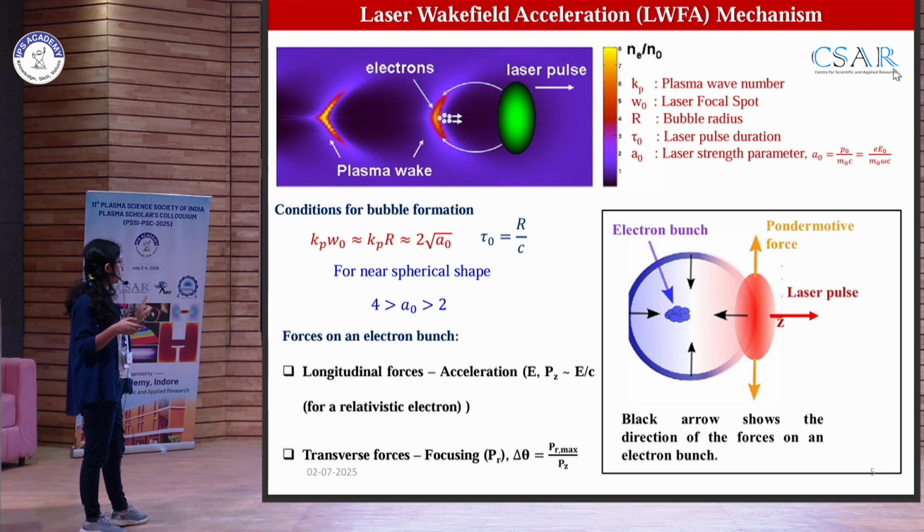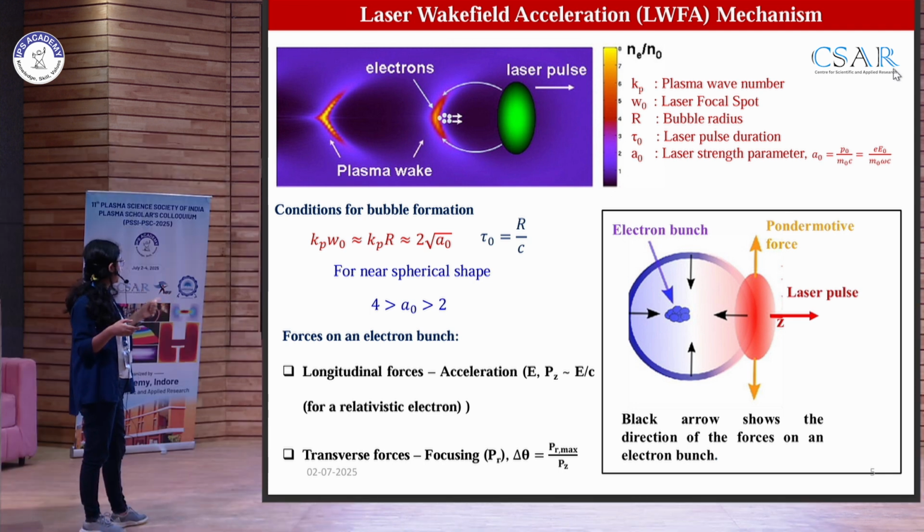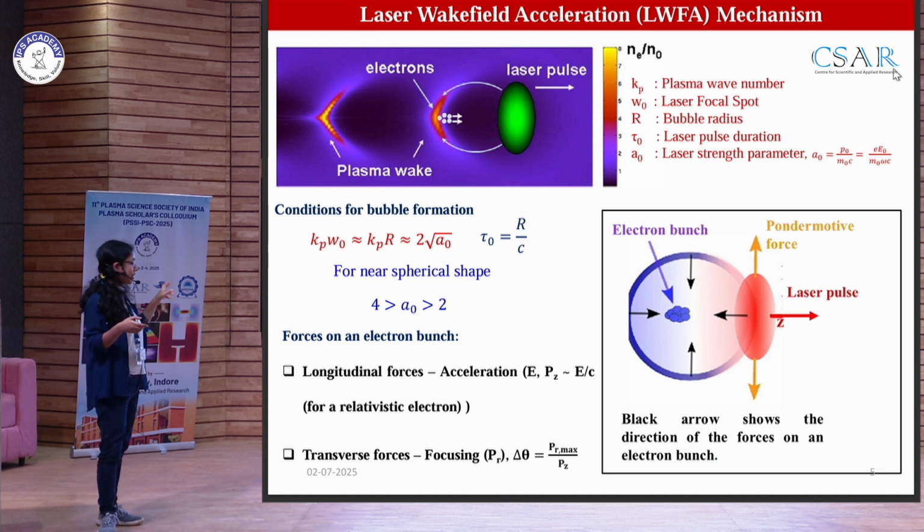First is the longitudinal force, which gives acceleration to the electron and controls the energy E and Pz, the longitudinal momentum, which is nothing but E by c for a relativistic electron. And the second force is the transverse force, which will try to focus the electron beam and hence control the radial momentum of the electron.